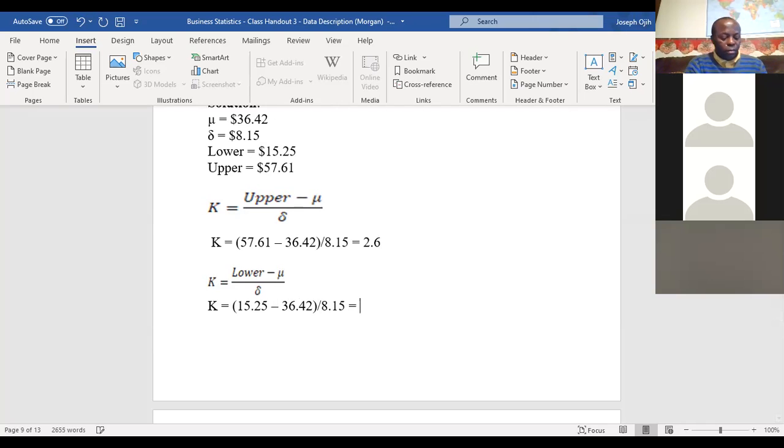Which is, write it down, $15.25 minus $36.42 divided by $8.15.